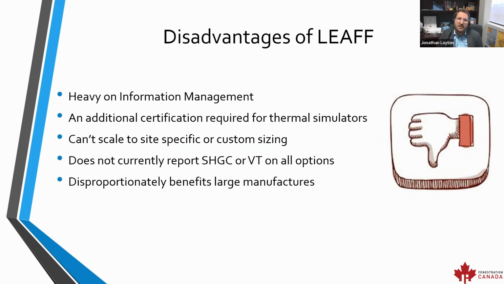But those who may have limited options, which is fine, and it could be a very high-end product, may still fall more under the traditional method, or only see minor benefit for what now becomes an information management headache, whereas before you could just pull up your list and be done with it. So in my mind, that's a little bit of a disadvantage if you're not a large manufacturer.